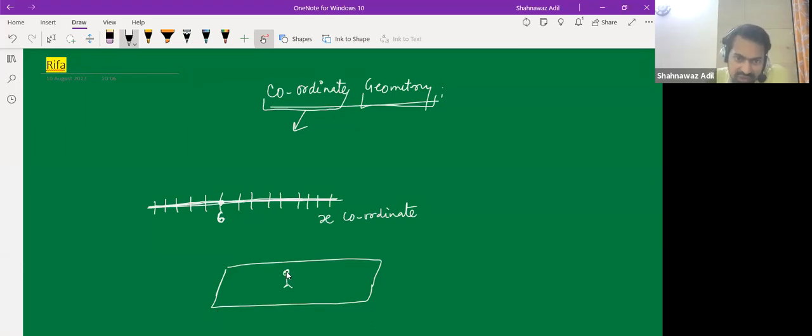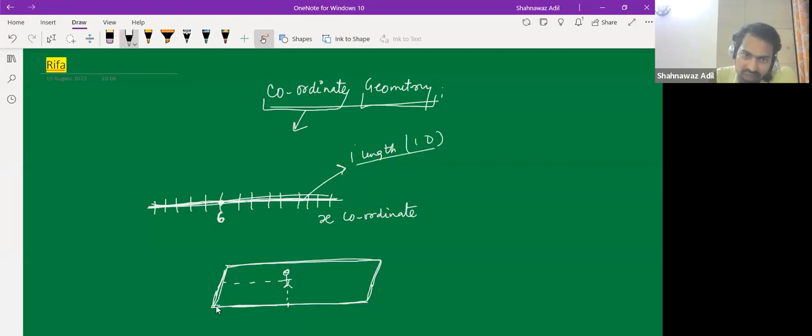To represent the location of this person, I'll have to define this x length and this y length also, because we are on this floor. So how many dimensions is this floor? This line has only one length, so this is one dimension.